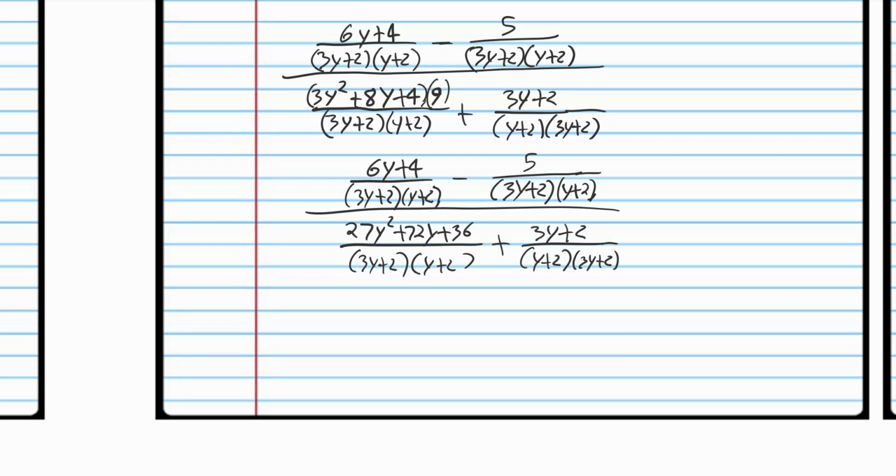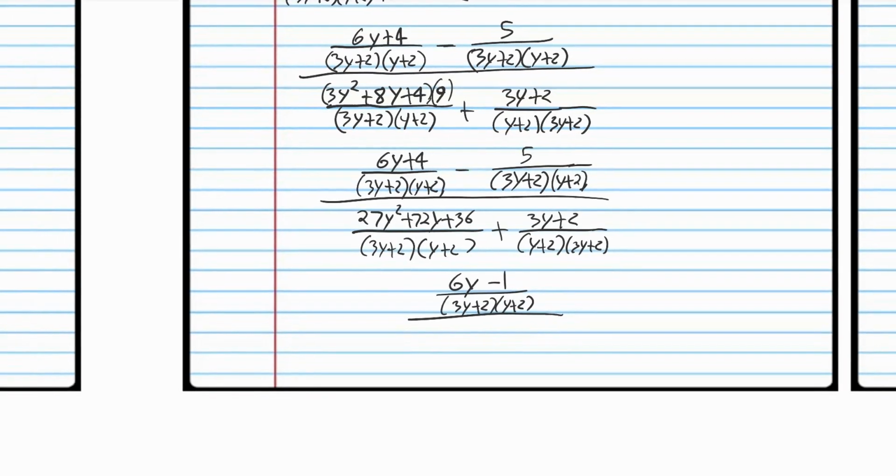So now we have common denominators, so we can just combine the fractions in the numerator, and combine the fractions in the denominator. 72y plus 3y is 75y. Again, you can only combine like terms.